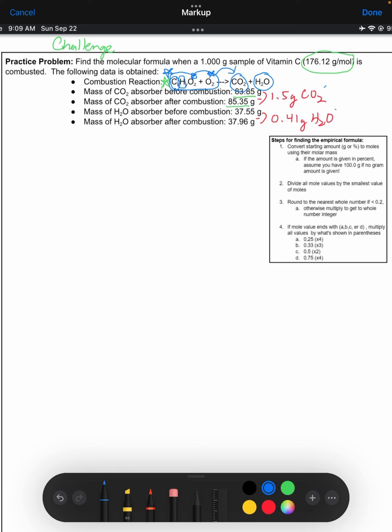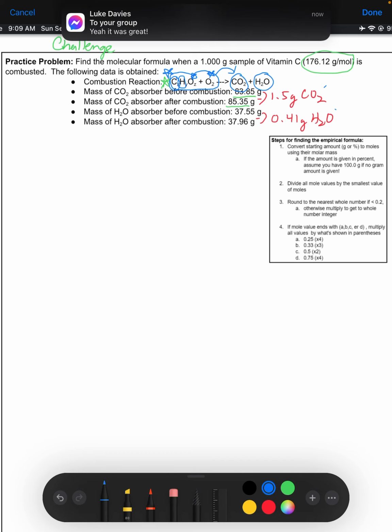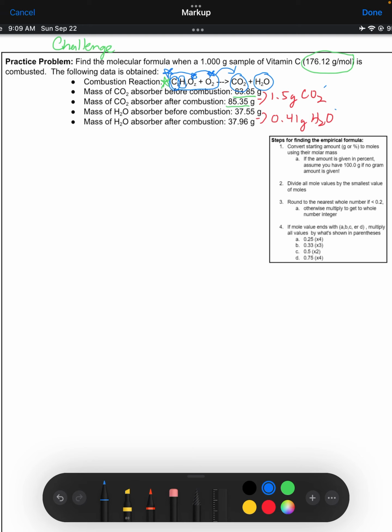So, once again, the goal of this problem is to find the molecular formula, which means that I'm going to have to do empirical formula first and then molecular after that. But I'm not given percents like we saw in the other practice problem for empirical formula, so I'm going to have to do a little bit of work to get to some gram amounts that I can convert into moles.